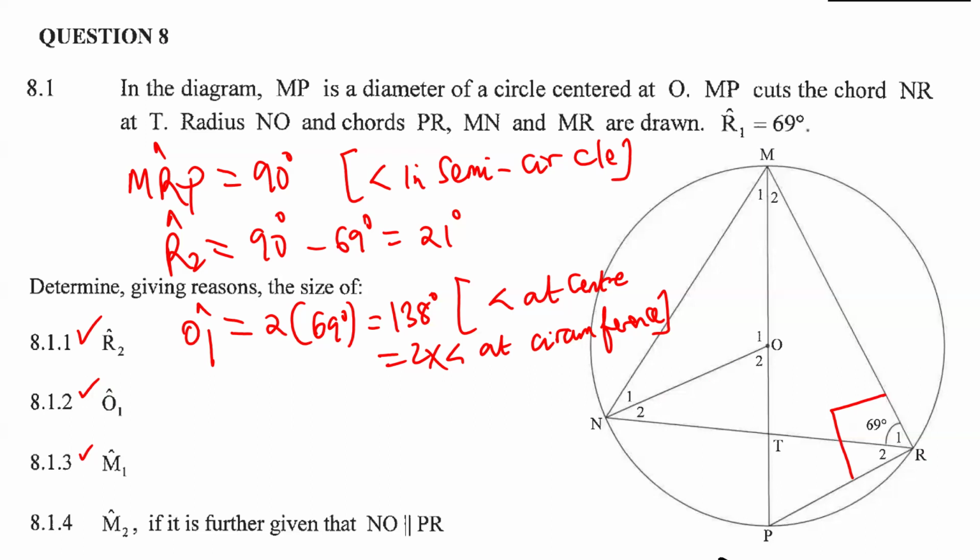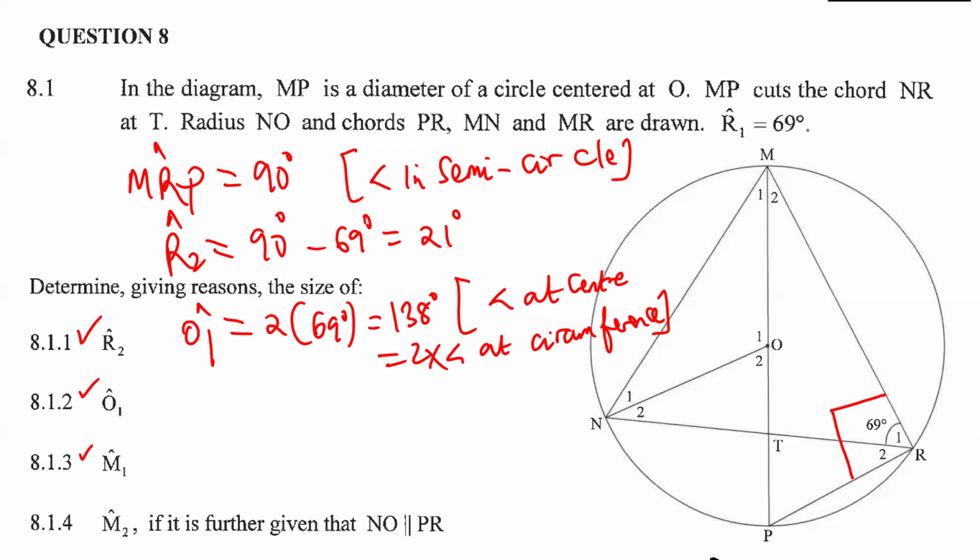Yes, please. I say M1 plus N1 is equal to O2. And I got the value of O2 by adding O1 plus O2 because of adjacent angles on a straight line.